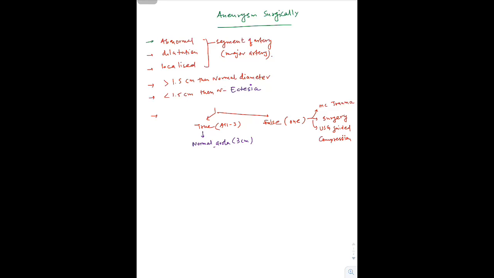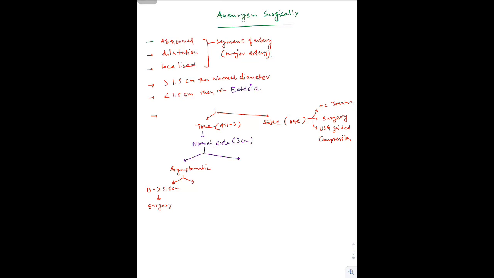And if the person is having aneurysm which is asymptomatic, and if that asymptomatic person is having aneurysm with diameter more than 5.5 centimeter, then we will definitely do surgery.